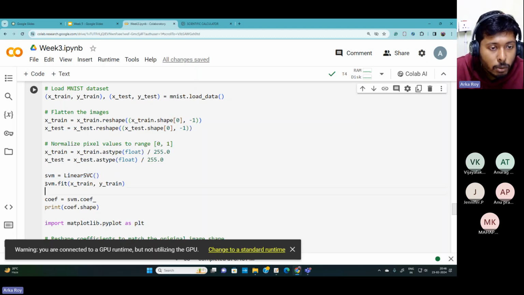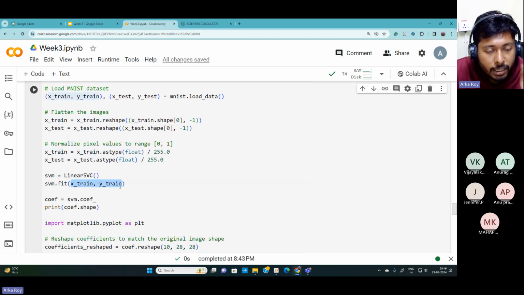And then svm.fit. Whenever you write fit, that means you are creating an SVM by employing the training data. In the training data, you have features as well as the labels. Now this will ensure the training of the SVM.